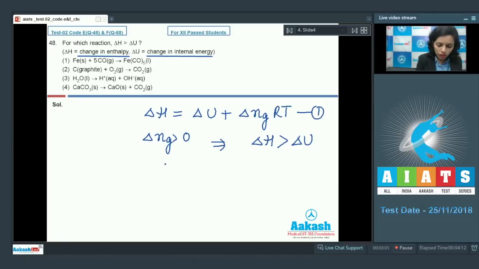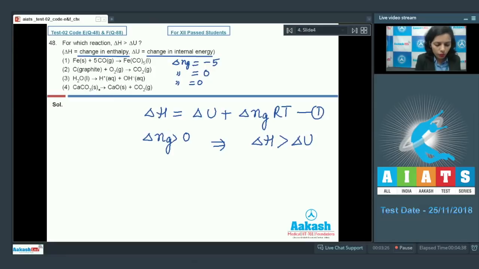That is why the value of this delta Ng for this particular case is minus 5. Now carbon in the form of graphite combining with oxygen to form CO2. In this particular case, if you look here, that the value of this delta Ng is 0. In next case, if you look at this delta Ng value is also 0.